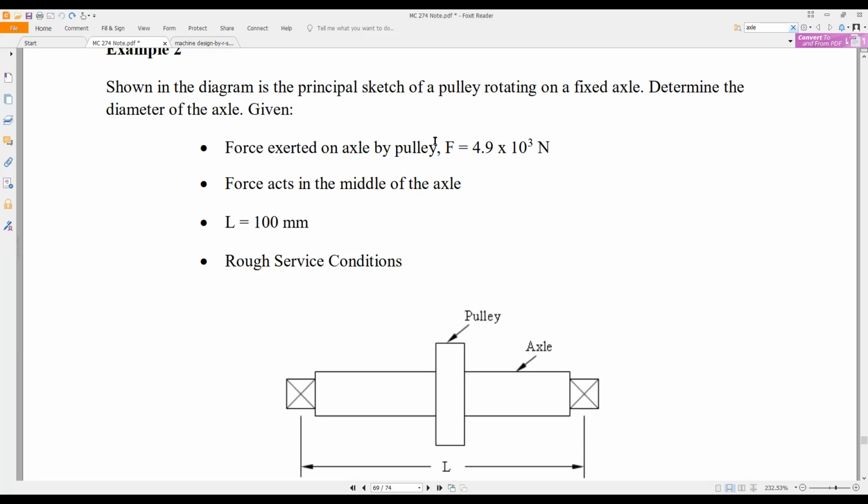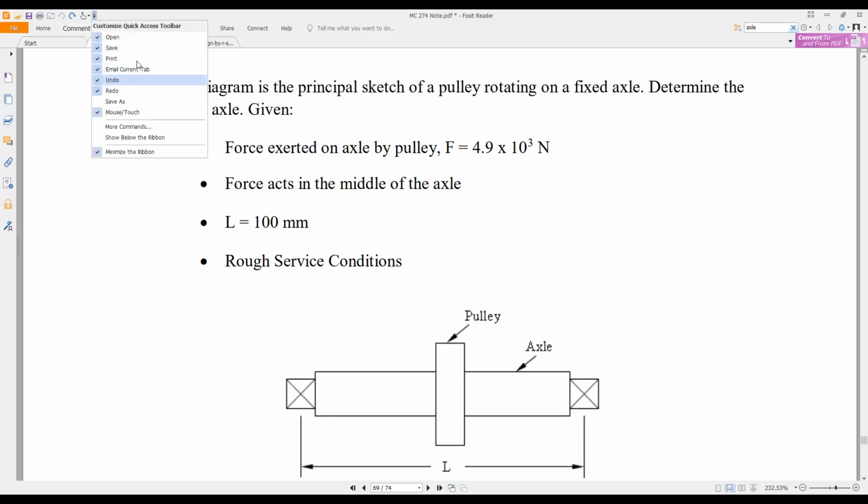So in this case, we have some force in the middle. So let's take the force we have here, 4.9 kilonewtons. That is the force exerted on the pulley. And that force is at the center of the axle.